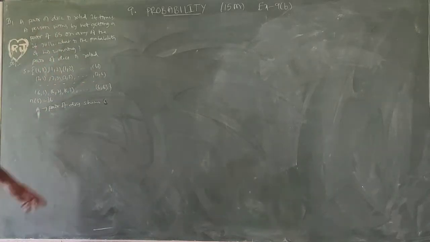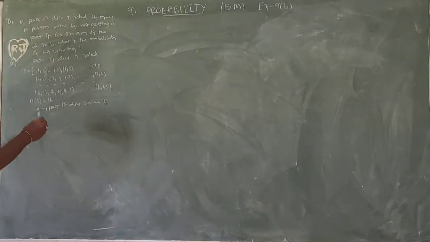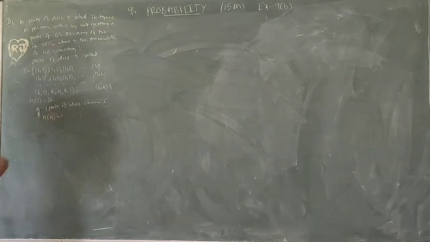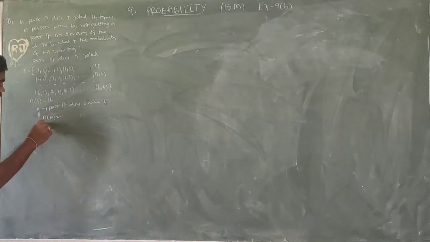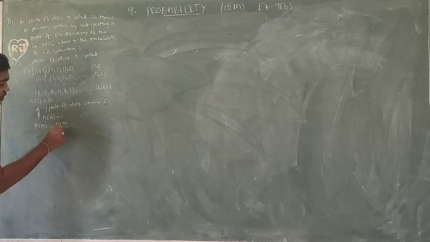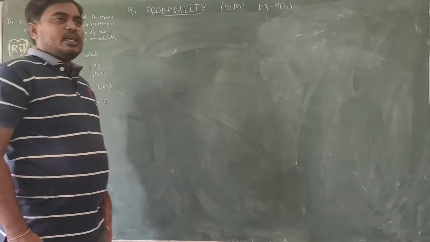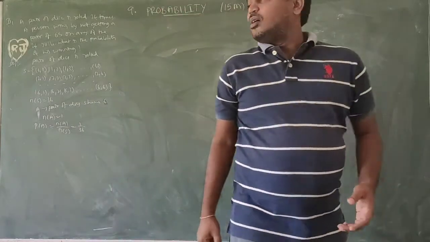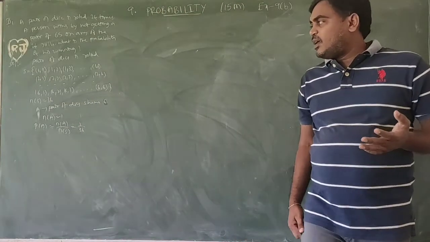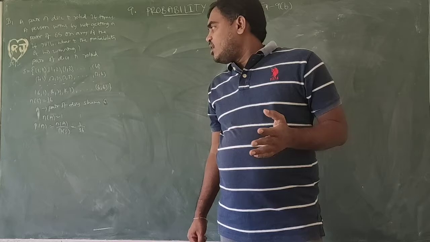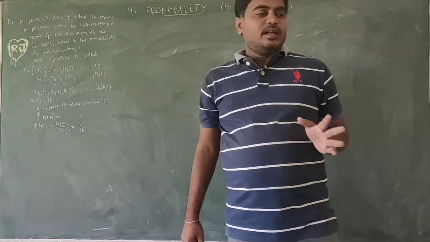Then how many choices? Only 6, 6. So n of A equals 1. P of A equals n of A by n of S equals 1 by 36. So the probability that the pair of dice shows 6 is 1 by 36.